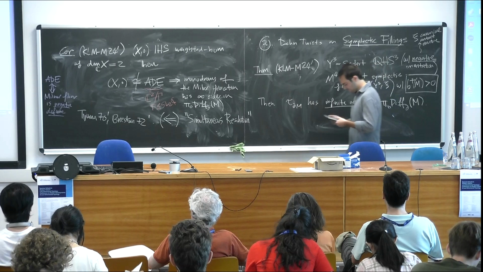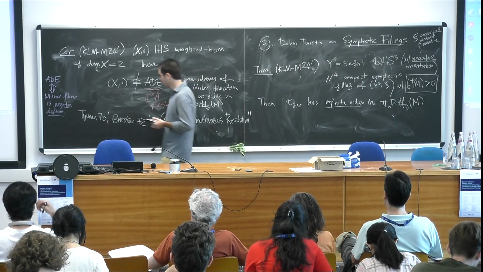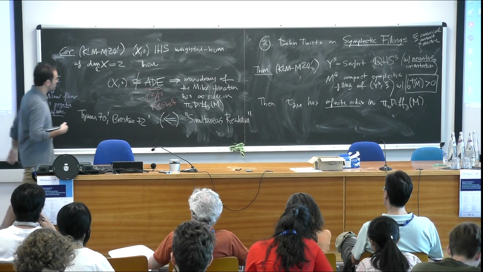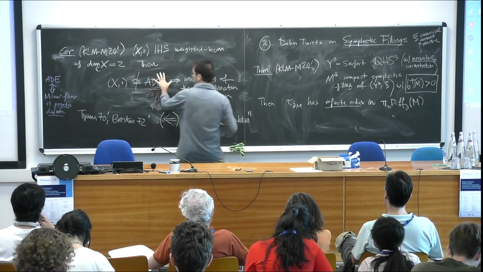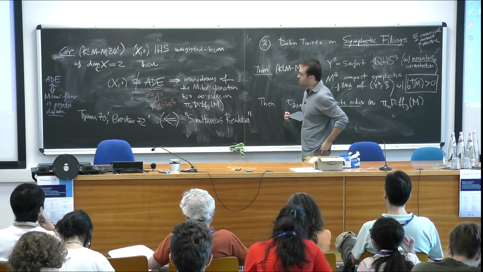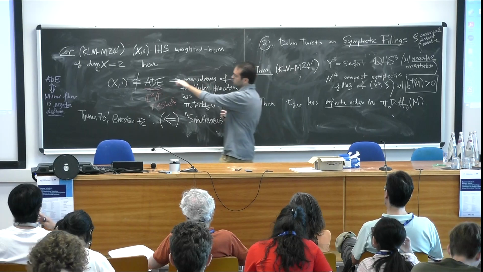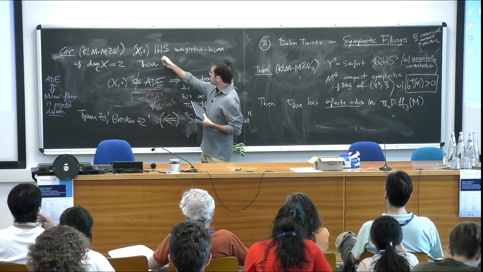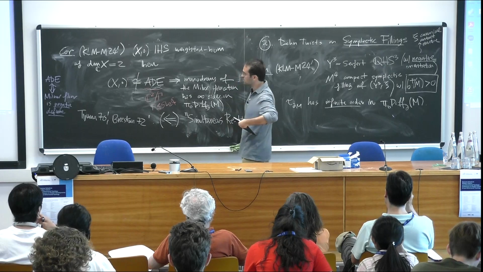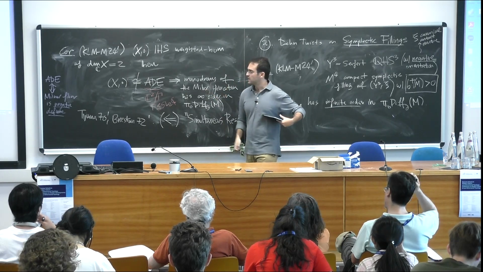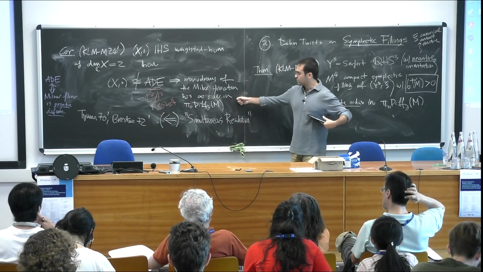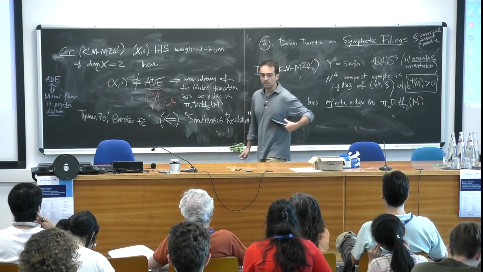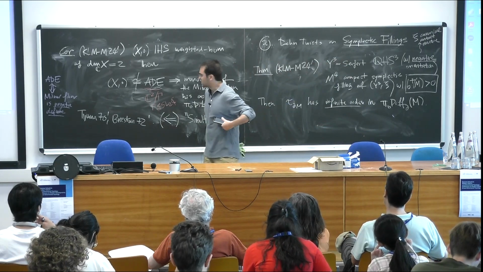Maybe I should say that this sort of behavior is quite special to singularities of complex dimension 2. If you look at isolated hypersurface singularities of weighted homogeneous type in higher dimensions, then the monodromy of the Milnor fibration will have finite order in the smooth mapping class group under mild assumptions.